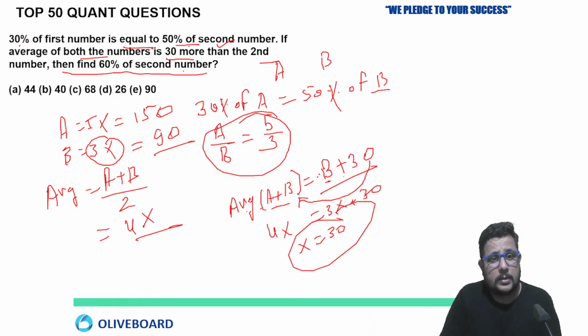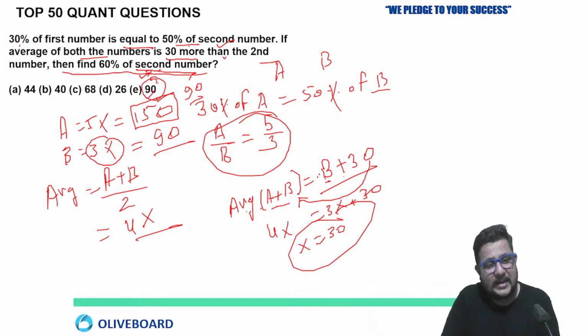Okay. Now what are they asking? 60% of the second number. Okay. Yeah. Why is it not coming? The option is not coming, you are right, absolutely, because I wrote second number here but took the value of the first number. If you find 60% of 150, it is going to be 90, and that is here. But here I put second number.